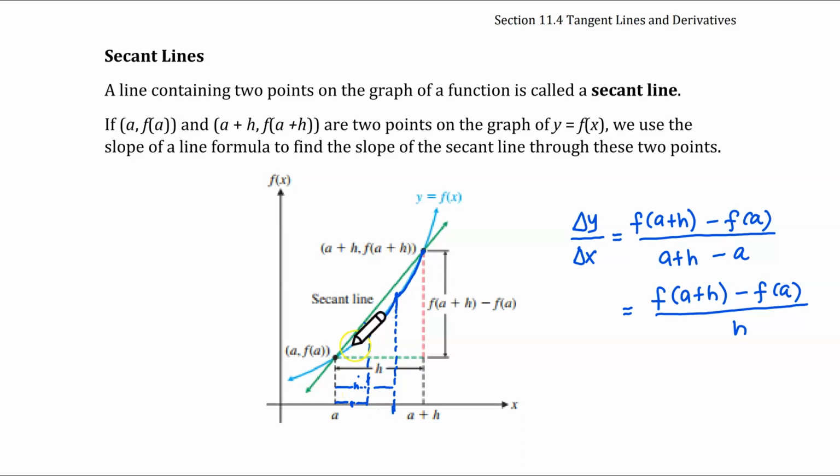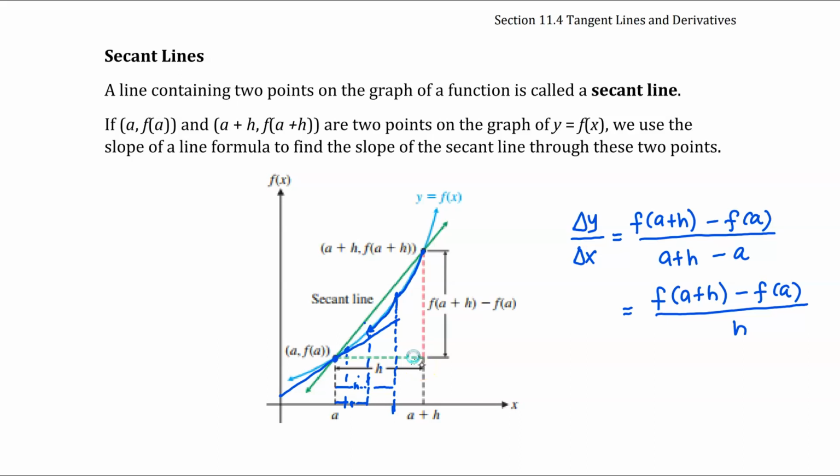And if you continue that process, as you move it really, really close to a, this h here will approach 0. And so in that case, as h goes closer to 0, the second point becomes very close to this original point here. And that secant line would eventually intersect the tangent line at this point.